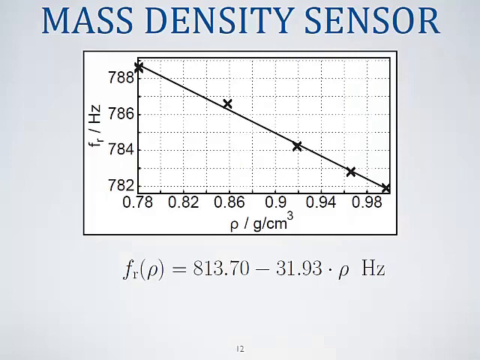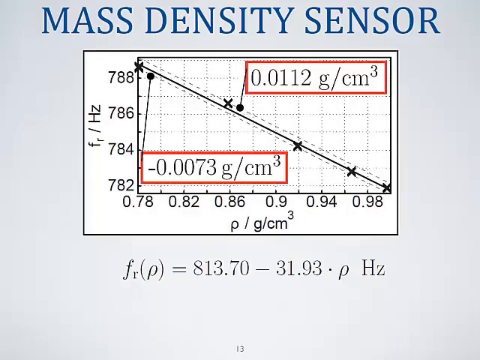These are first results of the mass density sensor. What you see here are evaluated resonance frequencies over mass density, and the function above is the function of the black straight line. As you can see, we see a deviation of the resonance frequencies from the model, and this deviation gives the indicated inaccuracy of the device.